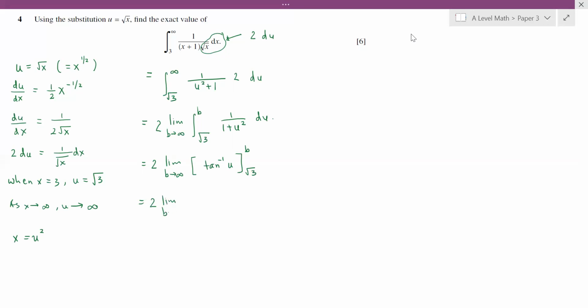We can now evaluate, so that we have arctangent of b minus arctangent of square root of 3. Since we are taking the limit as b approaches infinity, we have the limit of the arctangent of b as b approaches infinity minus arctangent of square root of 3.